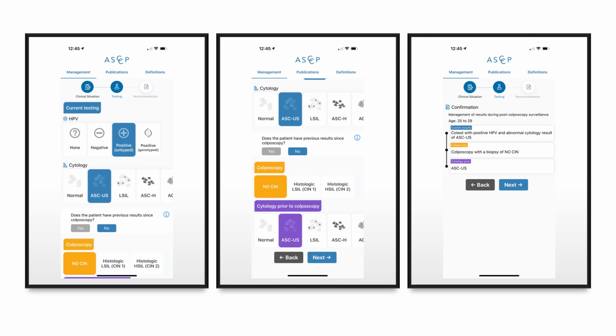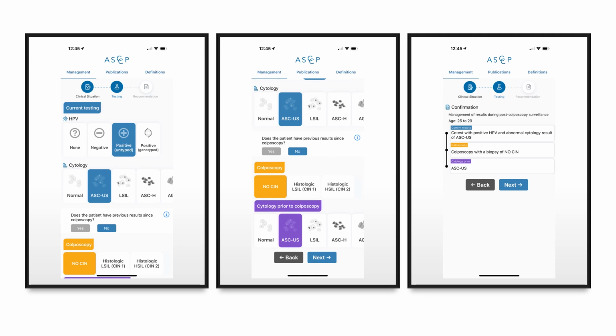And you can just see that I've scrolled up on the screenshots, because in the actual app, it's a scrolling mechanism. So then in that middle window, you can see, again, colposcopy that she had no CIN, and that the cytology that brought her to colposcopy was ASCCP.